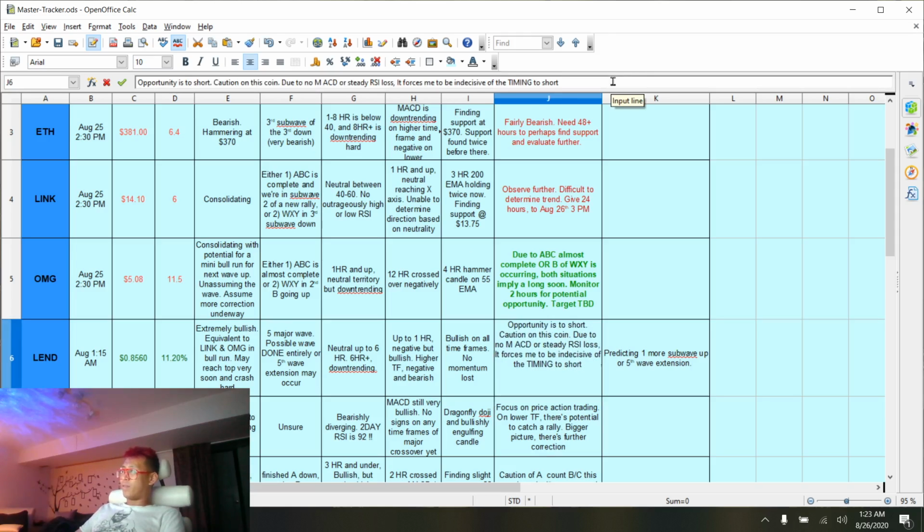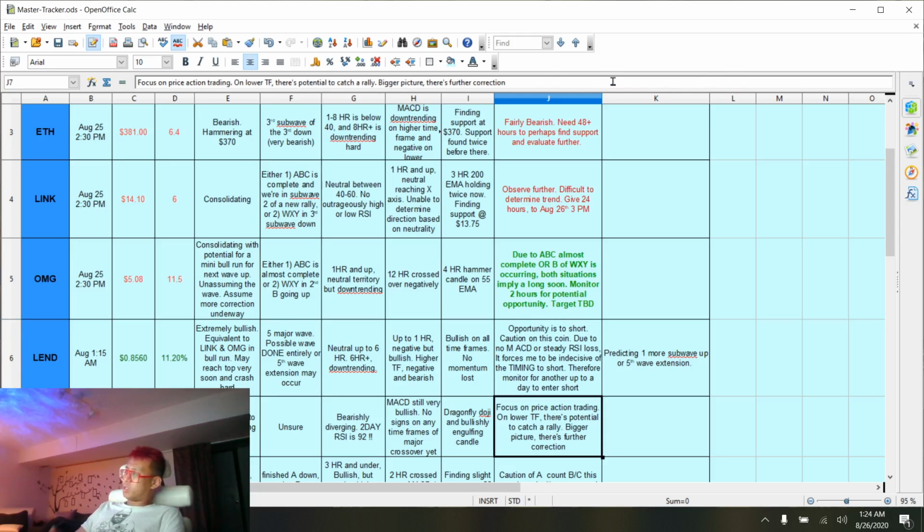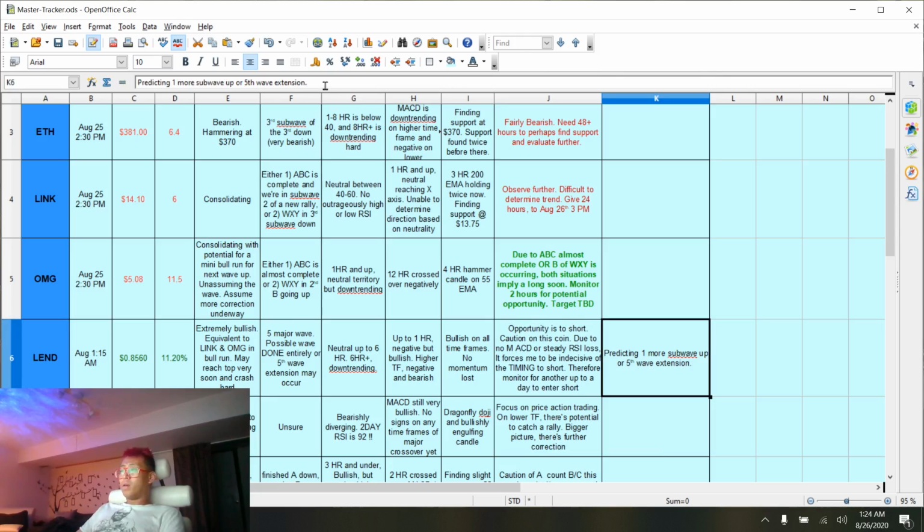Therefore it requires a few more hours today, so monitor for up to another day to enter. It's too bullish. So I'm predicting one more subwave up or fifth wave extension. Price, I don't know. That's just my prediction. So I wanted to update that for you guys tonight.